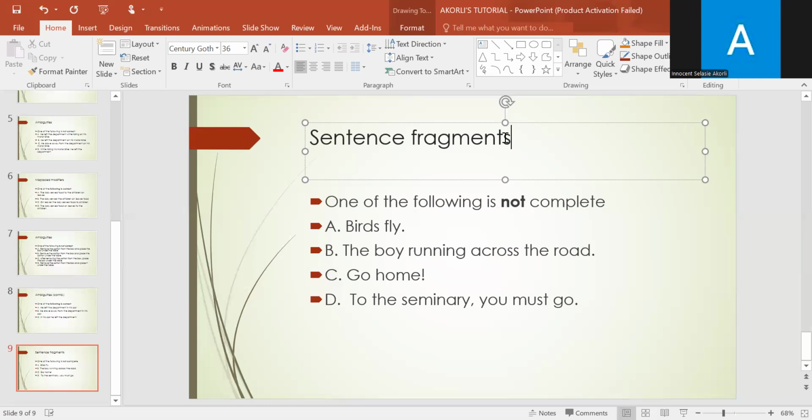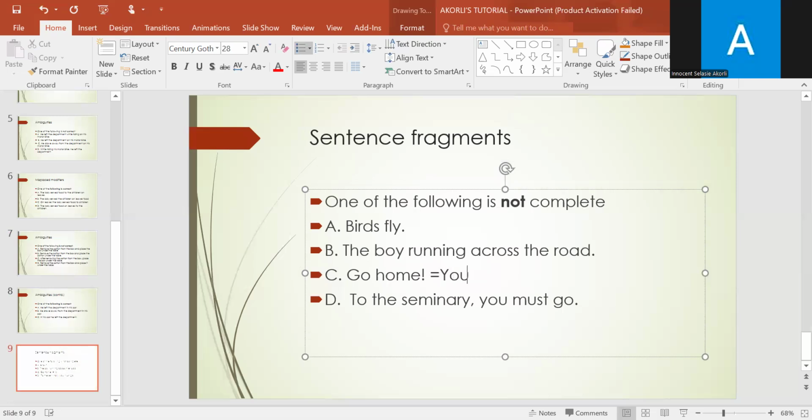Let's go to C. Go home. This one, we understand that the full form of this should have been you go home. Because in the imperative or the command type of sentence, you may not see the subject; the subject is implied.